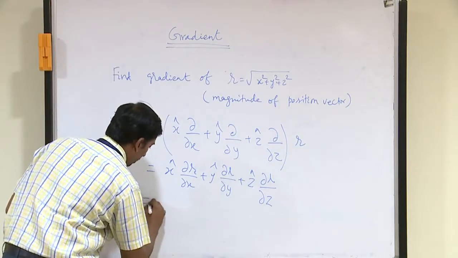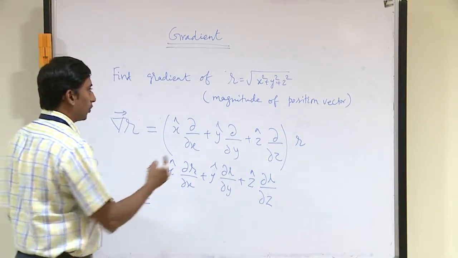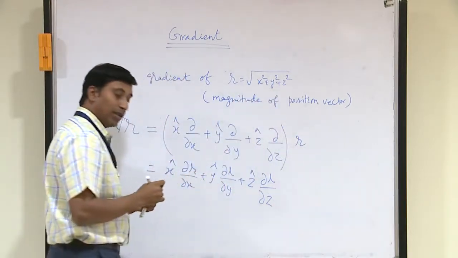What is this equal to? R is square root of x square plus y square plus z square.